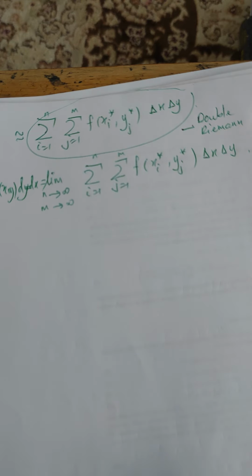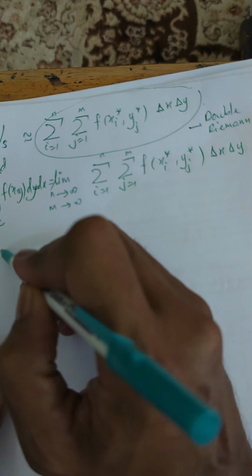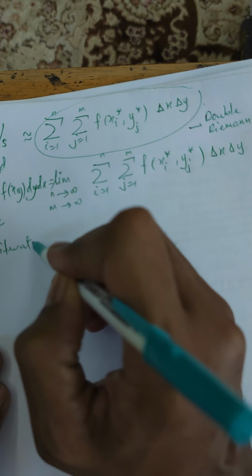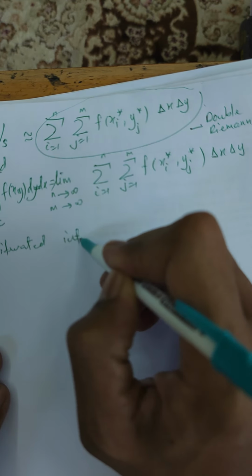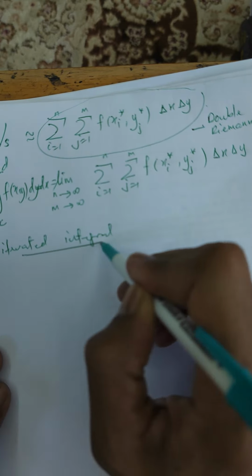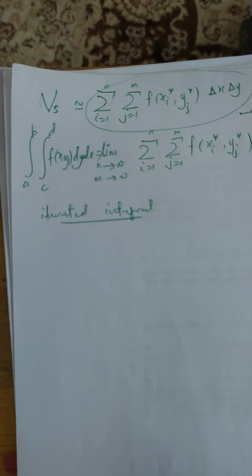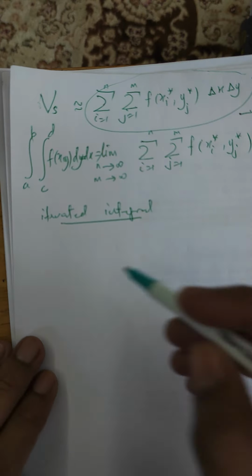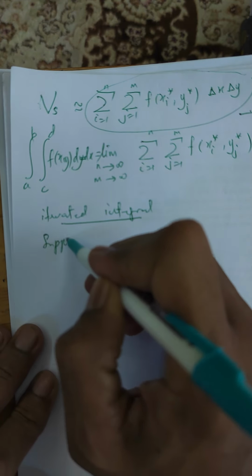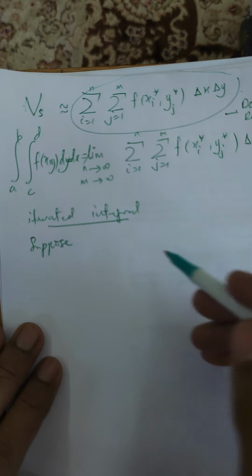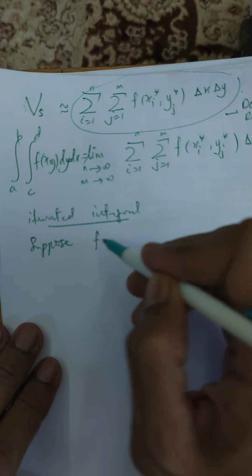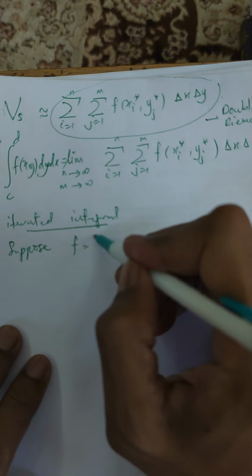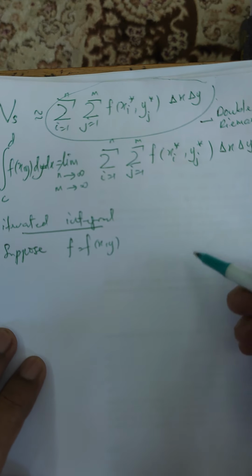Now we look at what we call the iterated integral. What is an iterated integral? So we suppose that we have a function f of two variables x, y that is continuous.